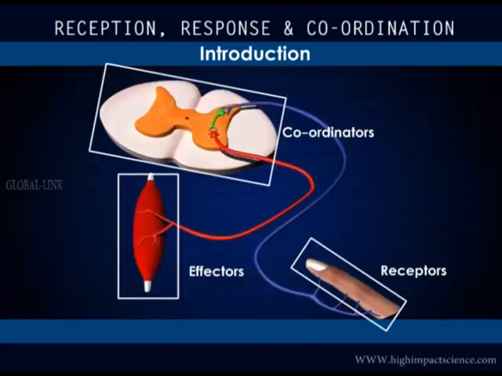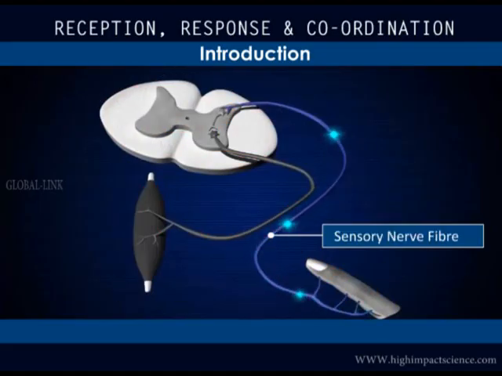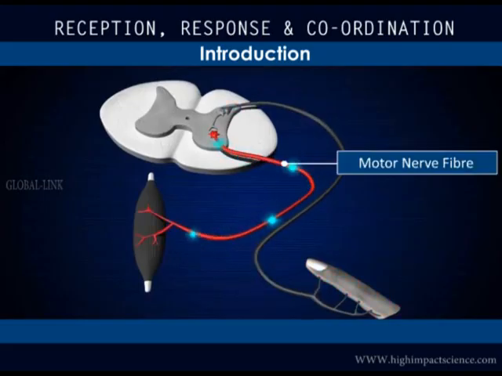It is important to have internal coordination and control so that the reception and response bear some relationship necessary for a correct reaction. For instance, when the finger is pricked, nerve cells carry signals to the central nervous system, which initiates the appropriate response.